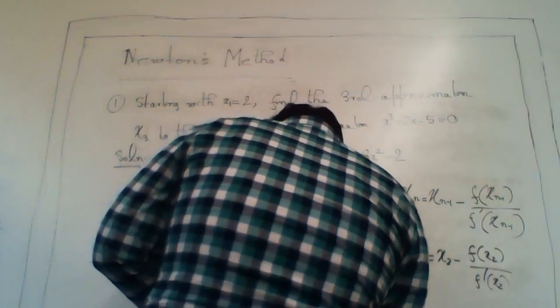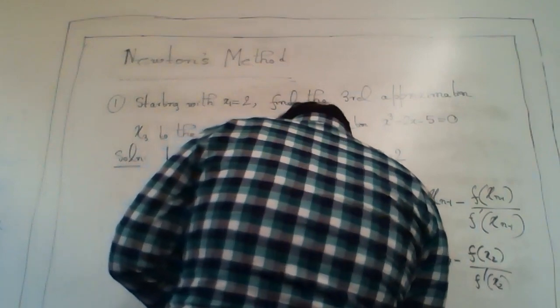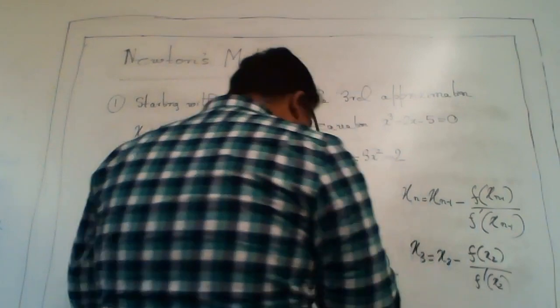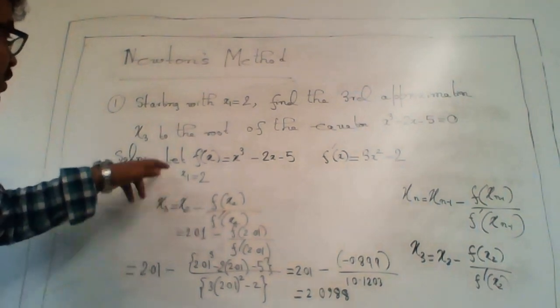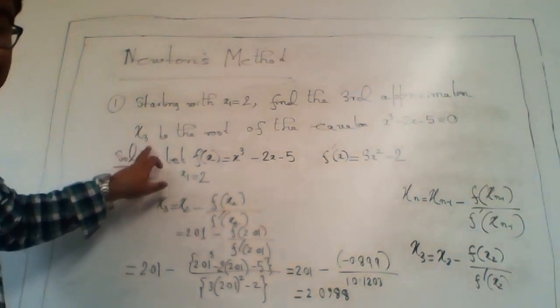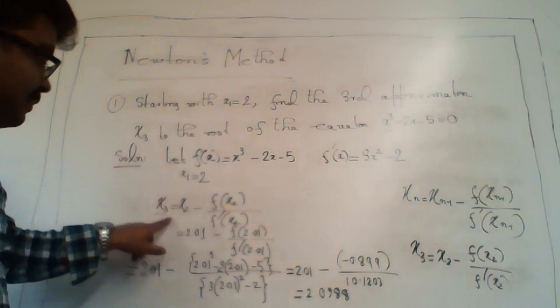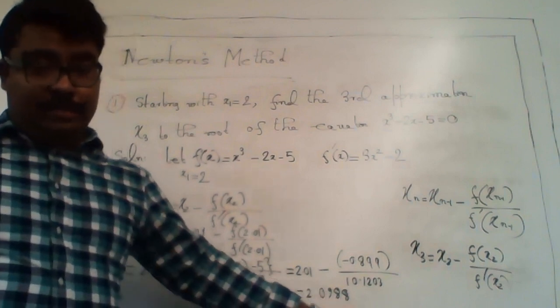You get basically 2.0988, right? So this is your x3, and that's what you wanted. You were asked to find the third approximation, and you have found the third approximation, which is x3. So this will be your answer.